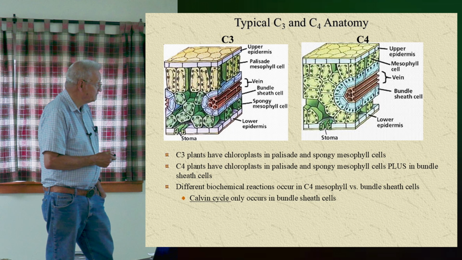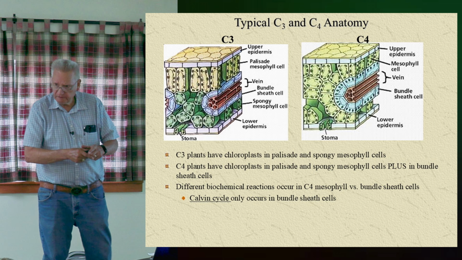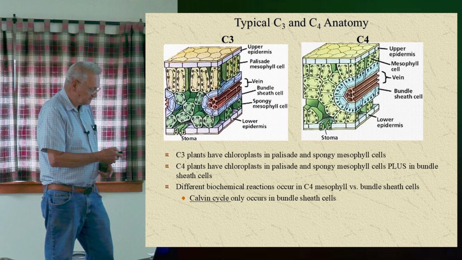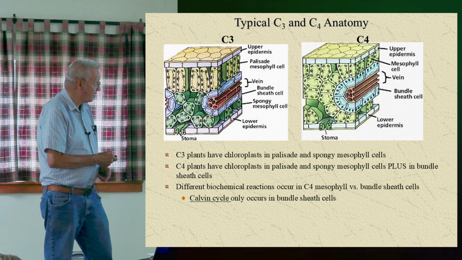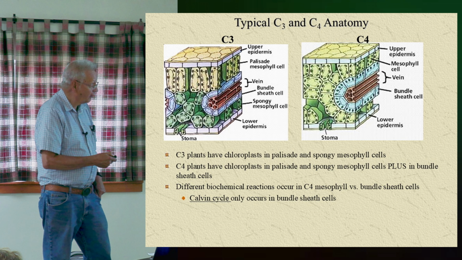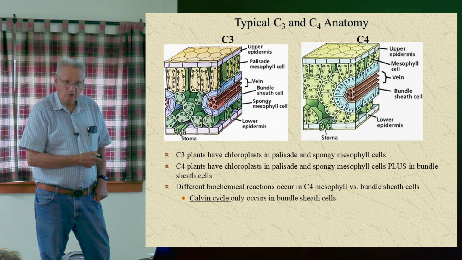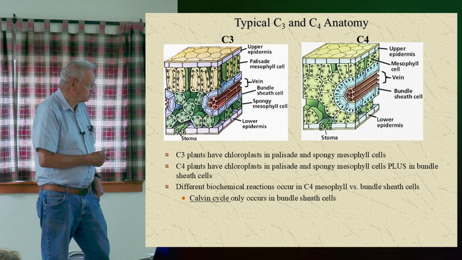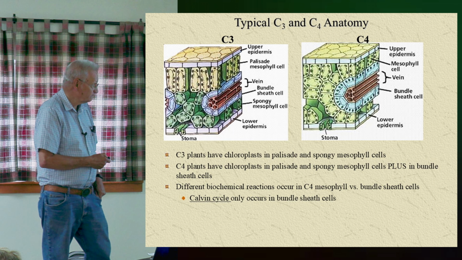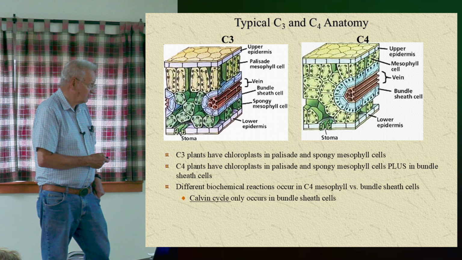But a difference here is in what's called the bundle sheath cell, those cells that kind of surround a vein. In those sorts of plants, there are no chloroplasts in the C3 bundle sheath cells, and yet there are over here in the C4. Well, C3 has just one enzyme involved, and that enzyme we'll talk about here in a little bit.